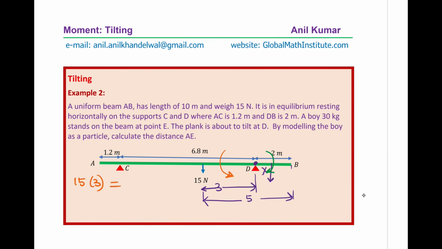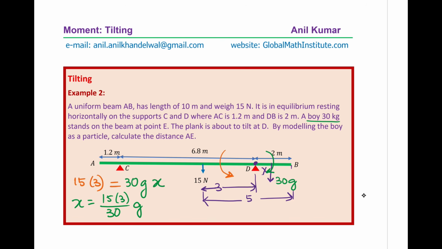The distance being x, and the mass is given to us as 30. So the mass of 30 has to be multiplied by g. So we have 30g, and the distance is chosen as x. So from here we find the value of x. So x is equal to 15 times 3 over 30g, right? So that is the value of x.